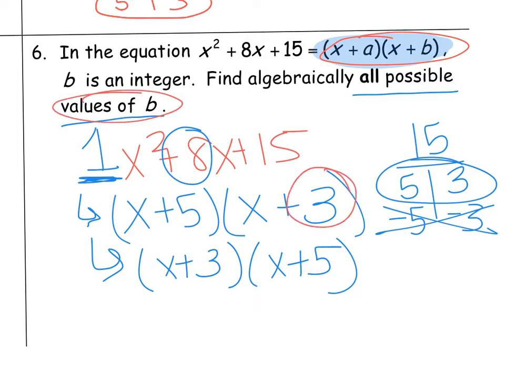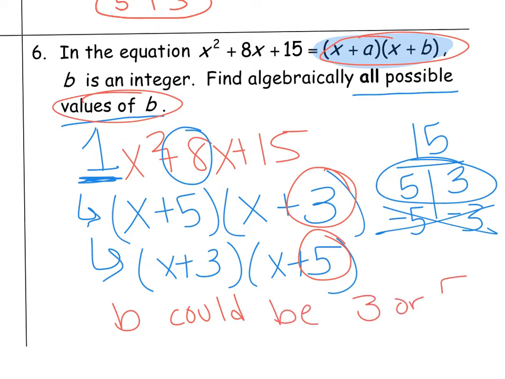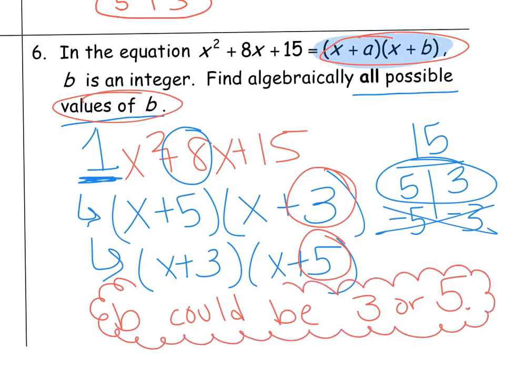Well, b can be 3 and b could be 5. So we're going to say b could be 3 or 5. It's important you write this. You will not get full credit unless you write out a sentence. Do not assume I know you know it's both. Okay? That's really important.